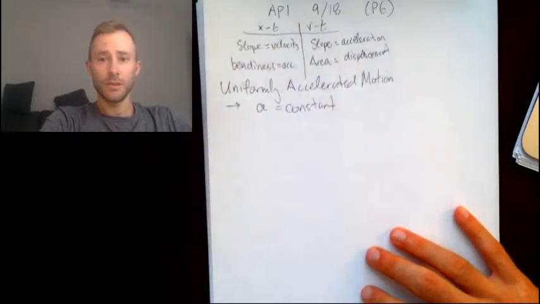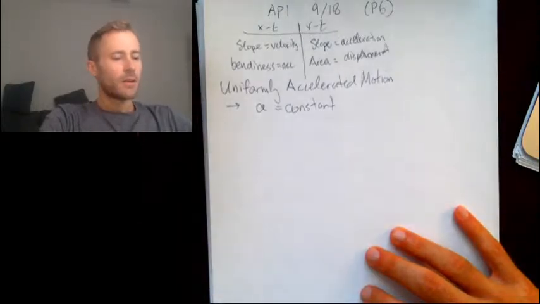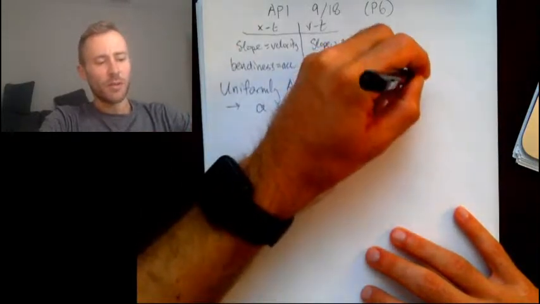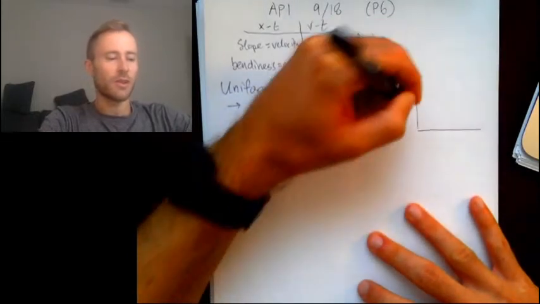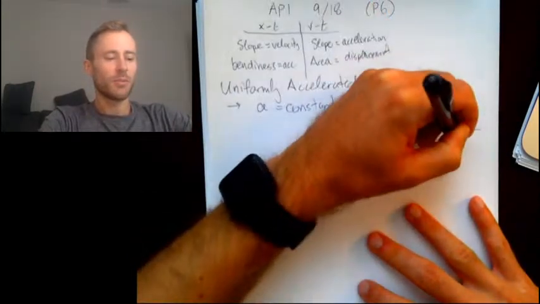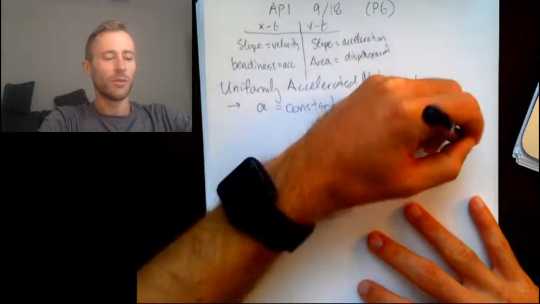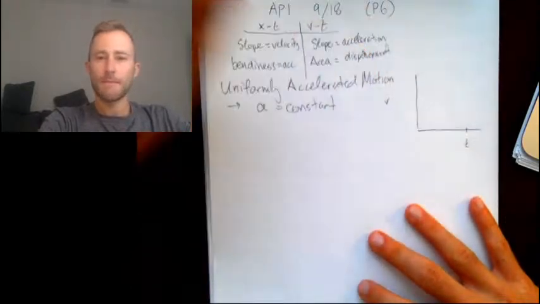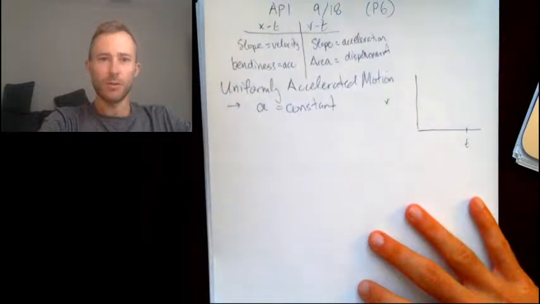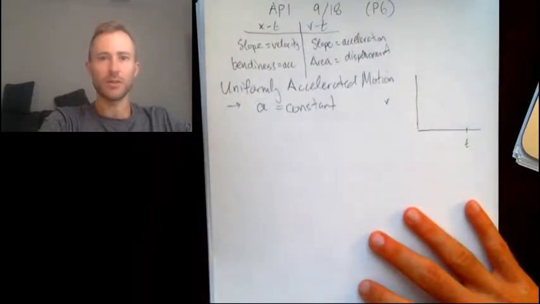Okay? The acceleration is unchanging. I want you to type into the live chat, what would a velocity time graph look like if it's representing uniform acceleration? Okay?